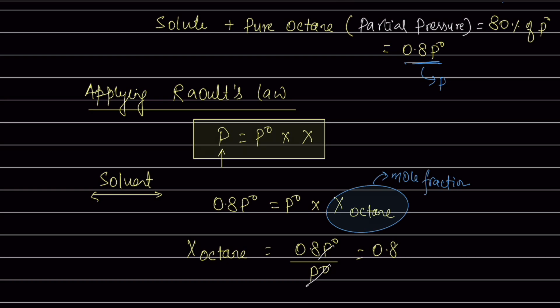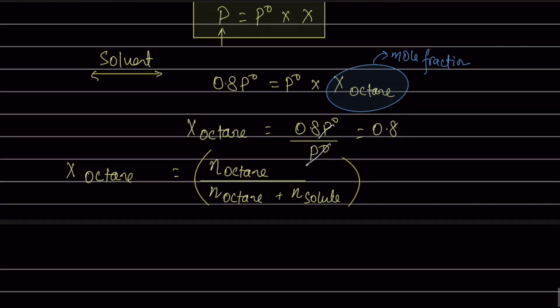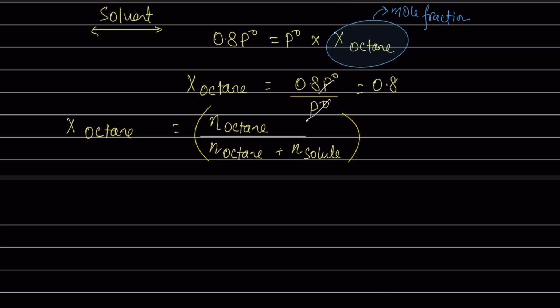So now we have the mole fraction. The mole fraction formula is mole of octane divided by the sum of the moles of octane, which is the solvent, plus moles of solute. So let's first find the mole of octane. Mole of octane is equal to mass of octane divided by molar mass of octane.